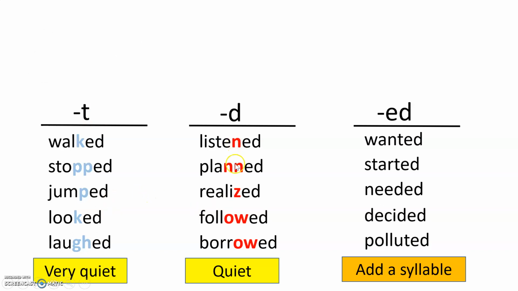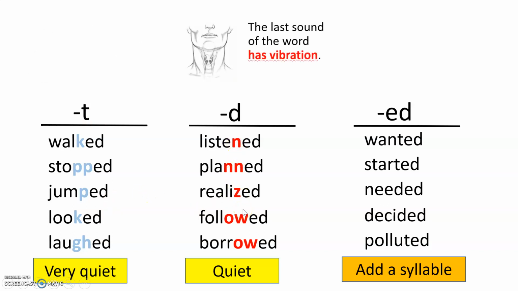And then something similar happens in group 2. I look at the last letter of the word, and in these words, the last sound of the word has vibration. So if I say N, I can feel my throat having a sound, and Z for the Z. This OW sounds like the vowel of O, and the same thing with this OW.